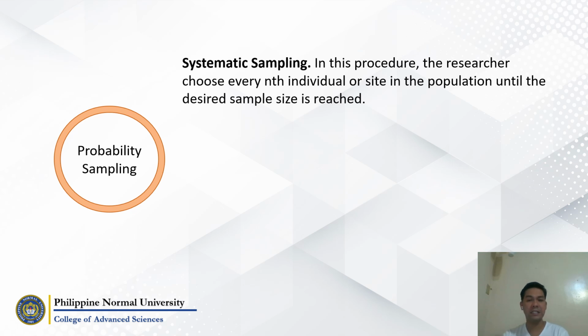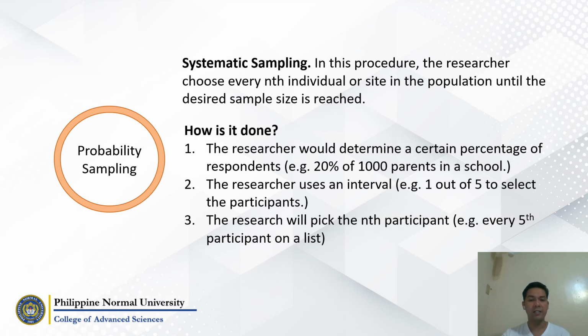Also, we can have the systematic sampling. In this procedure, the researcher chooses every nth individual or site in the population until the desired sample size is reached. And so how is it done? First, the researcher would determine a certain percentage of respondents, say 20% of 1,000 parents in a school.